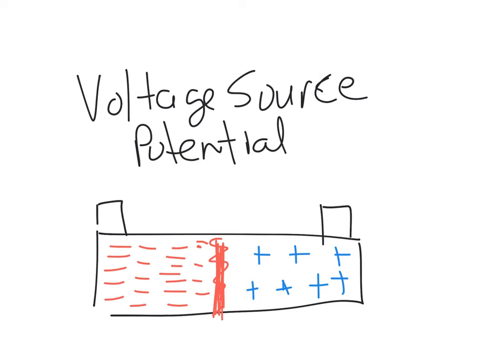Now, based upon what we studied with electrostatics, we know that a negative charge and a positive charge are attracted. So what we do is we connect these two with a pipe to allow the flow, and that's called a conductor. We normally use a type of metal similar to copper.